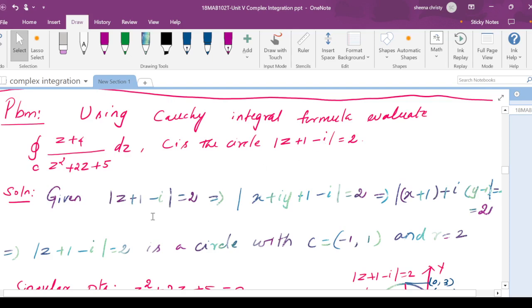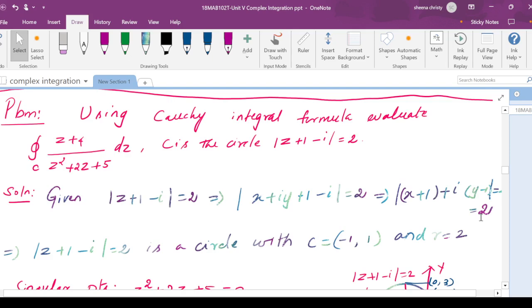So here the given contour is |z + 1 - i| = 2, which gives you, by replacing z = x + iy, |x + iy + 1 - i| = 2. This implies, separating the real and imaginary parts, |(x + 1) + i(y - 1)| = 2.